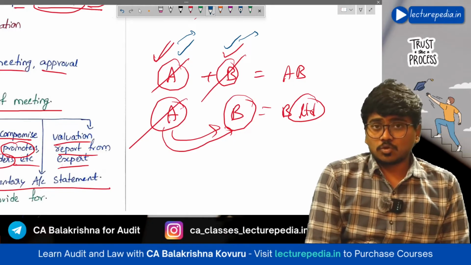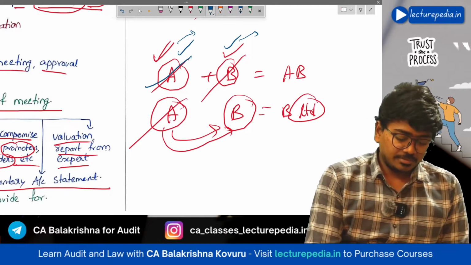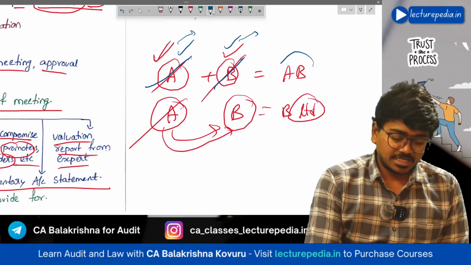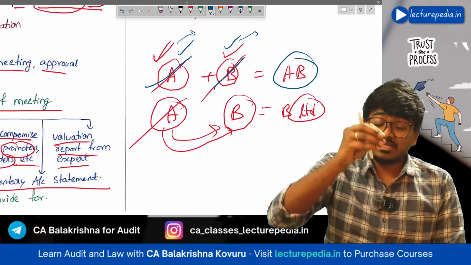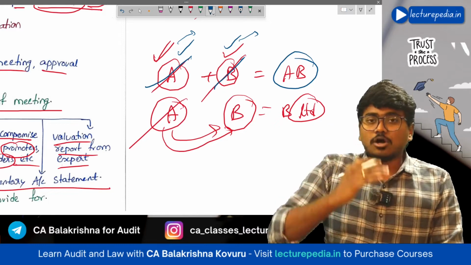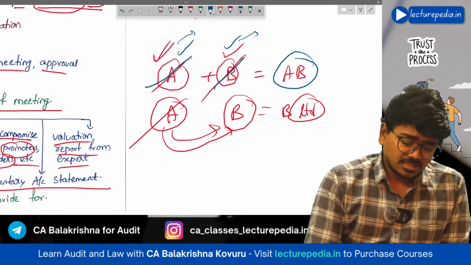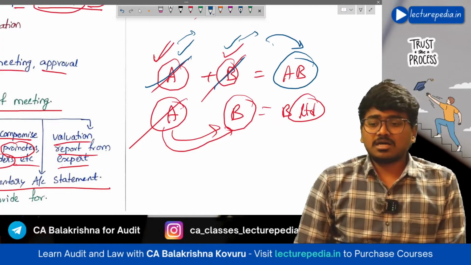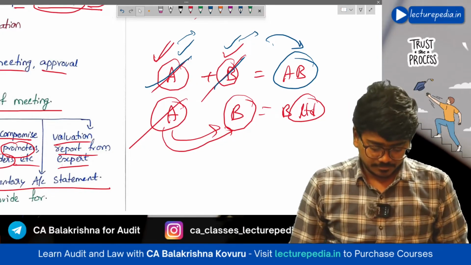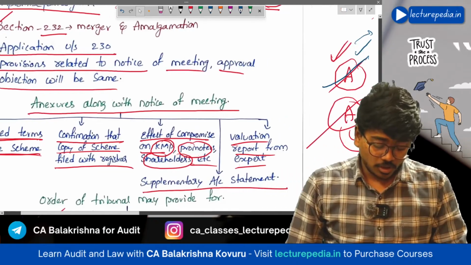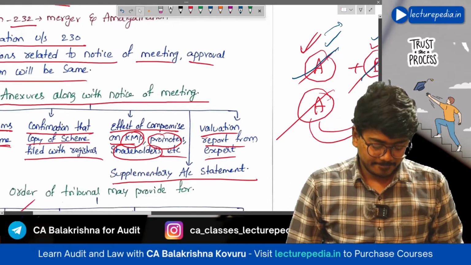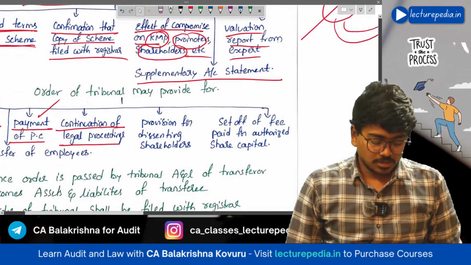What will happen to those cases after A Limited and B Limited have been liquidated and AB Limited has been formed? That will be mentioned in the order of the tribunal. Basically, those pending cases will be transferred onto AB Limited, right? So even this point will be mentioned in the order of the tribunal regarding what will happen to the legal proceedings.